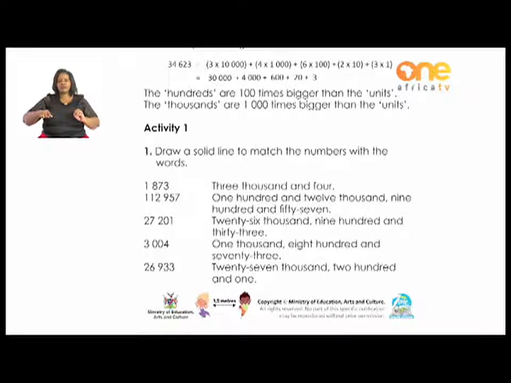So you start with the word, you read it, and you check at the numbers and see which one is corresponding. You just draw a line to connect or to match the two. I hope that is very easy. So you can try that one.